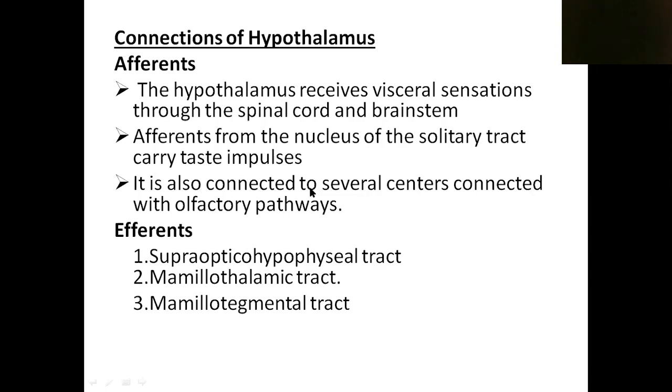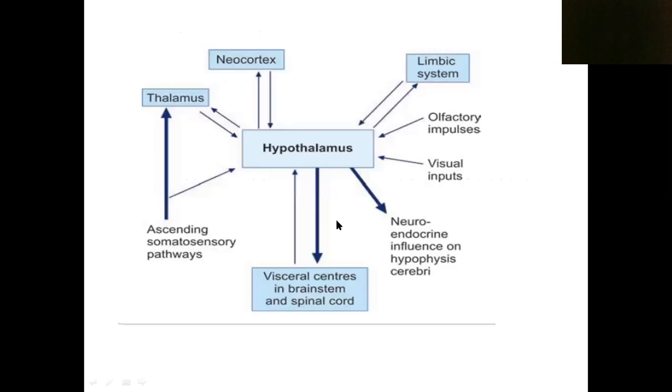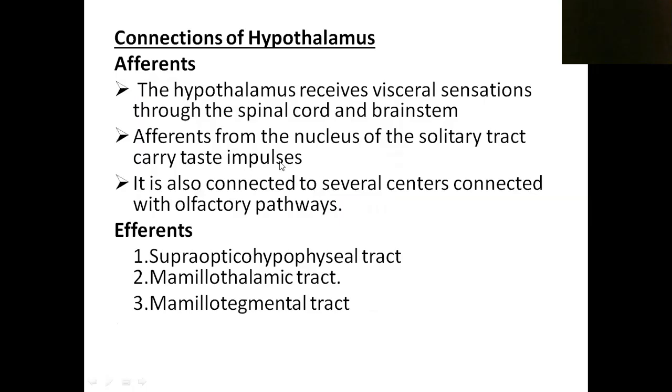It is also connected to several centers connected to the olfactory pathway. Several centers means, say, the limbic system is also connected to the olfactory pathway or olfactory system. So it gets fibers from the centers connected to the olfactory pathway.